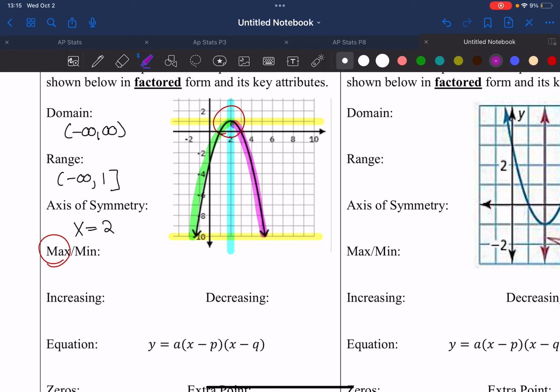So now our left side is increasing and our right side is decreasing. So we would still write it the same way. We would take our lowest value, negative infinity, to our axis of symmetry, which is 2. And then take our axis of symmetry 2 all the way to the right side, which is going to infinity.